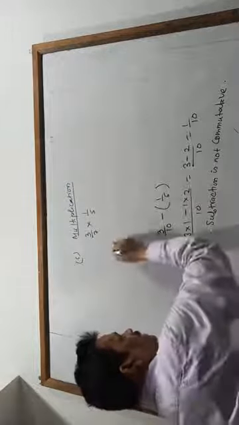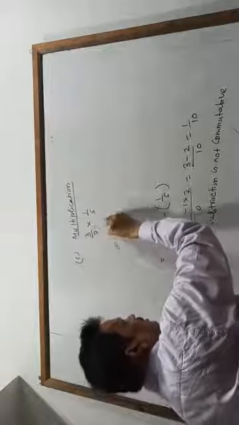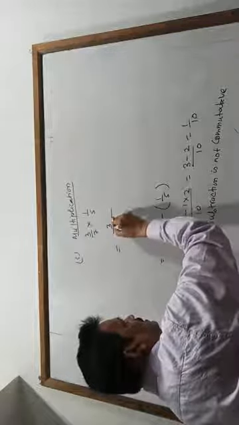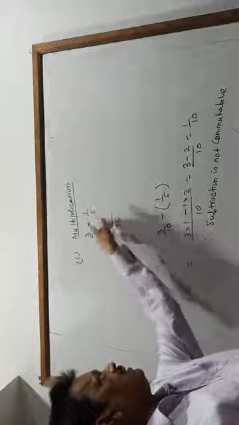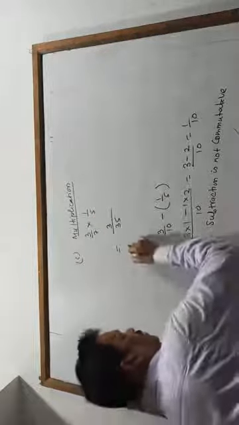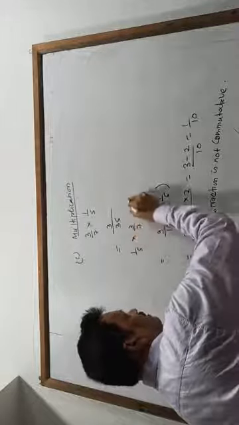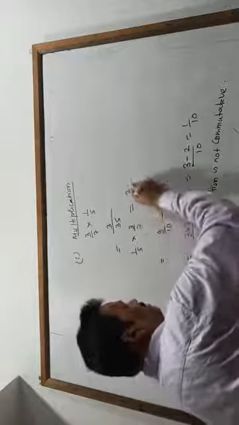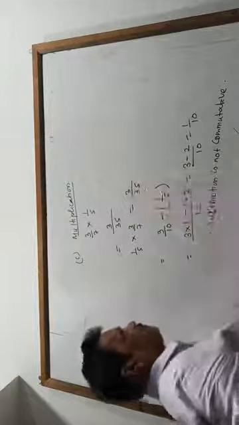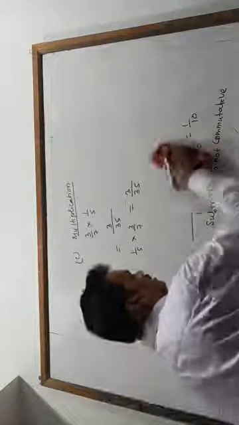So how to multiply? No cancellation. So 3 into 1 is 3, 7 into 5 is 35. Okay, do the reverse: 1 by 5 into 3 by 7. Same thing, 1 into 3 is 3, 7 into 5 is 35. Same. So same means multiplication is commutative.